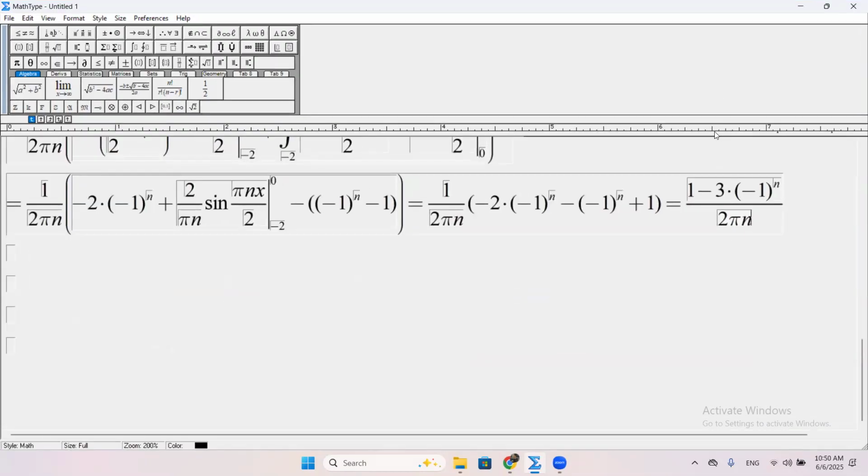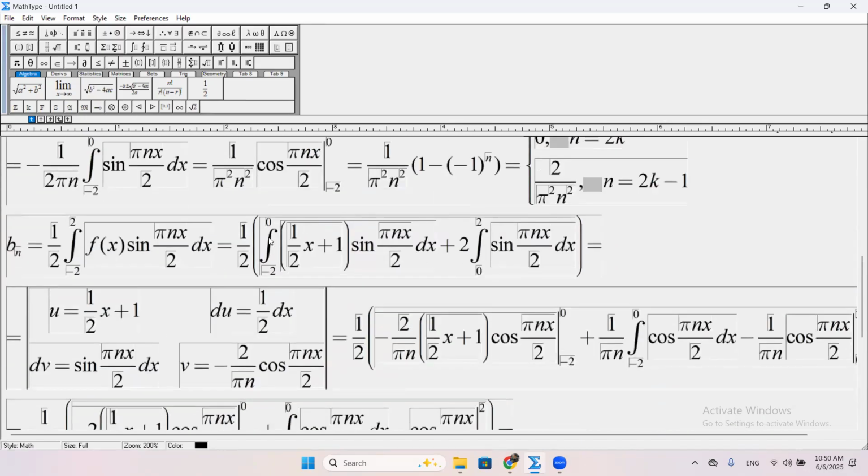Okay, let me check what went wrong. 2 instead of 3. So why does it behave in such a way? So Bn started with the following integral.